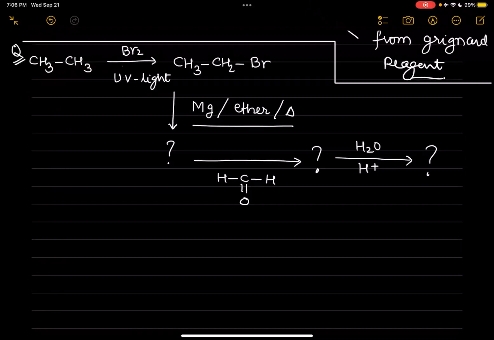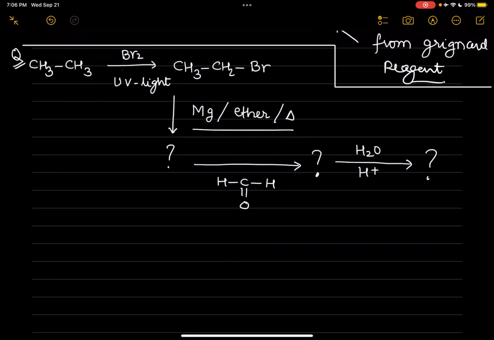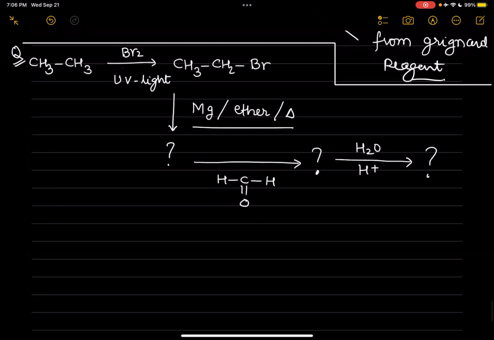So what will happen now? Alkyl halide when reacted with magnesium. Anushka, tell me. Rayan. So what is going to happen?